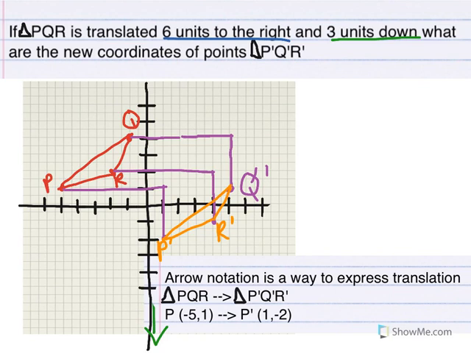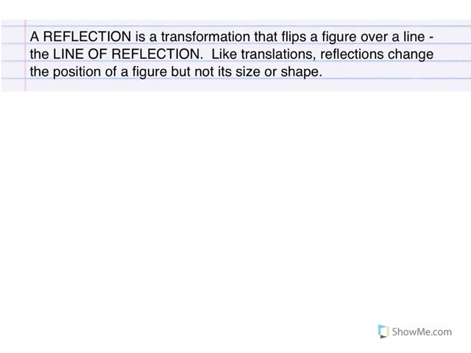So let's move on to reflection. A reflection is a transformation that flips a figure over a line, and that line is called the line of reflection. Like translation, reflections change the position of a figure, but not its size or shape.